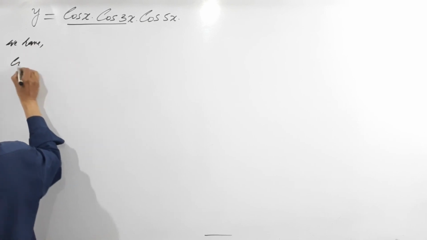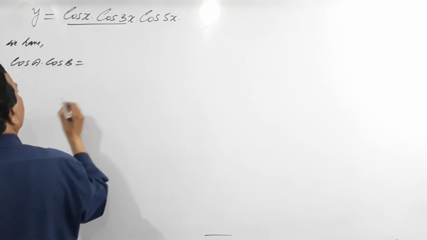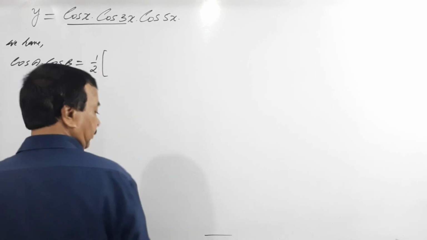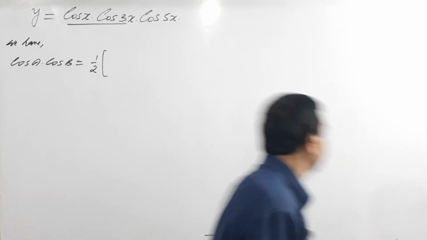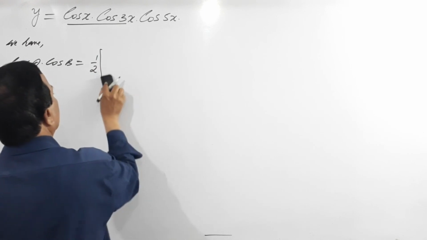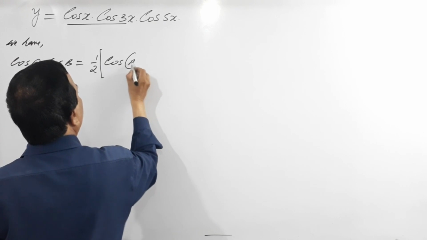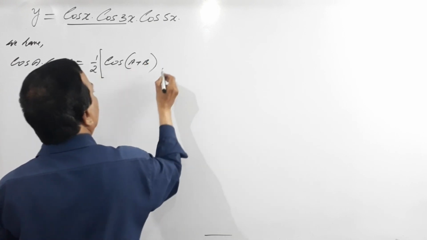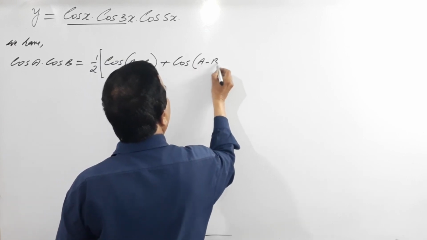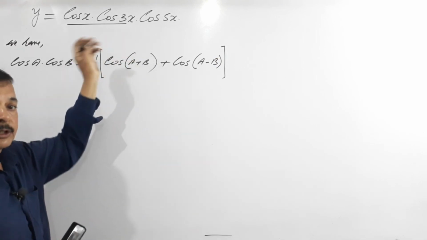We have cos a into cos b equals half of cos of a plus b plus cos of a minus b. This is the formula you have to use to solve this type of problem.